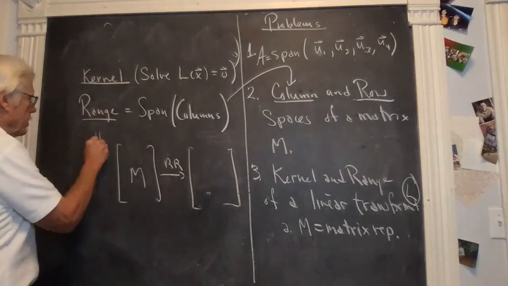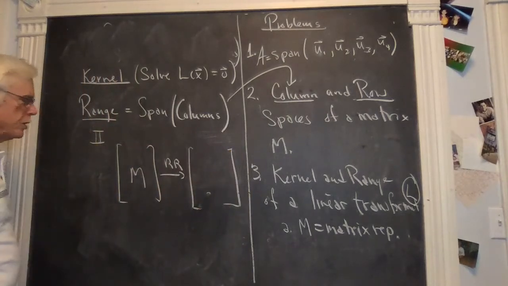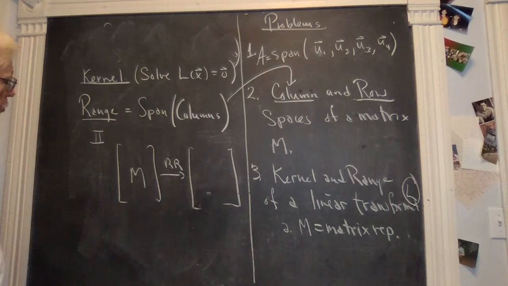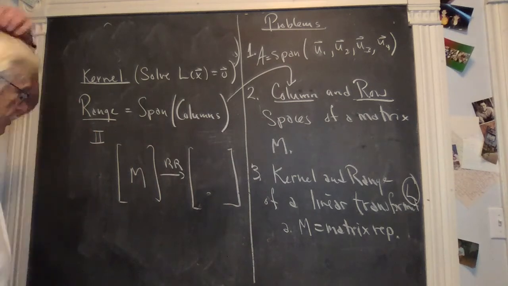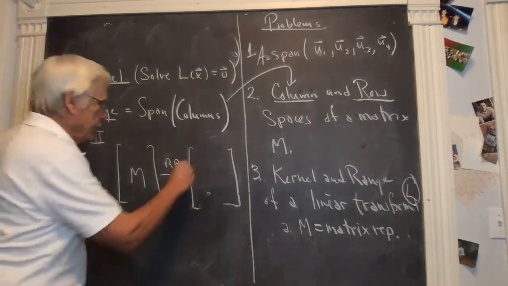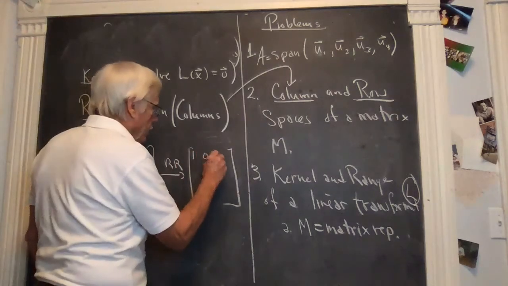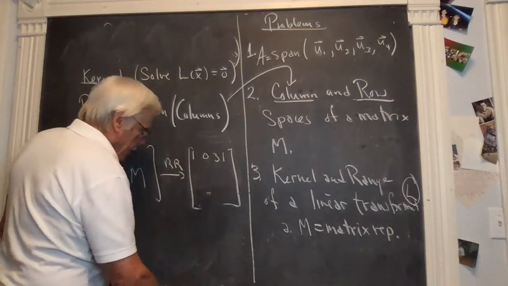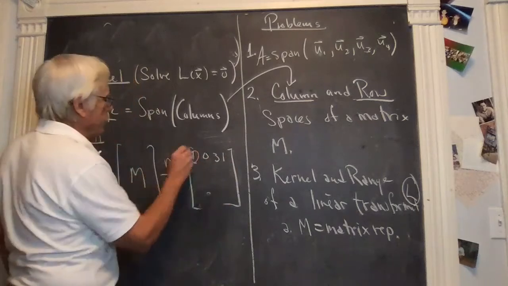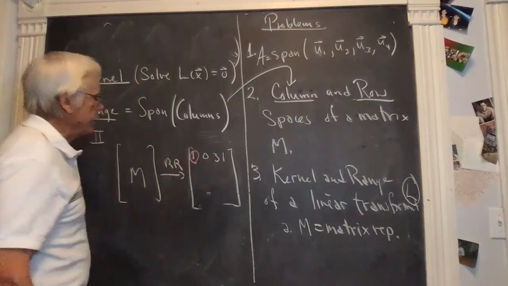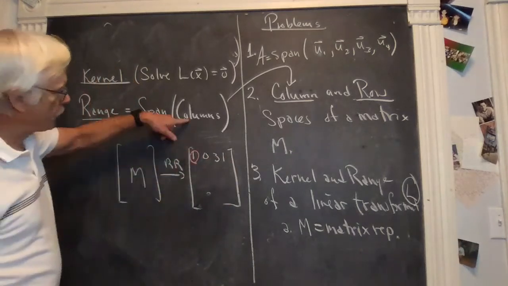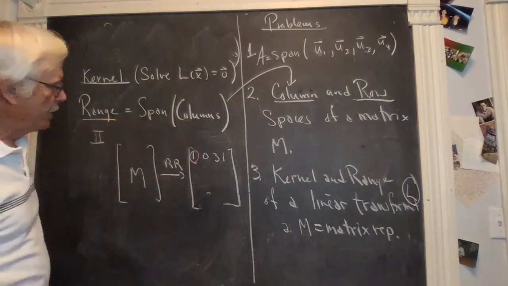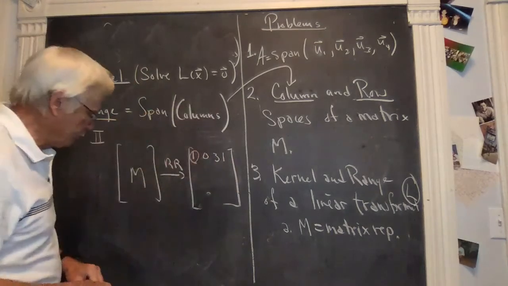Here I'm using method 2 because it uses the same reduction you did for finding the kernel. And then if this becomes 1, 0, 3, 1, reducing M, this will be a pivot position and will tell you that the first column is one of the elements of your basis. And the other pivots will tell you the same.